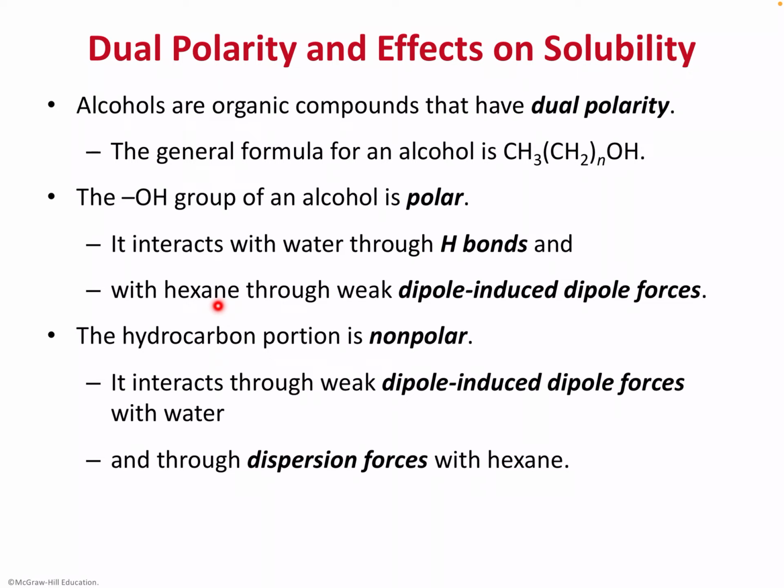It only has carbon and hydrogens. Alcohol and hexane also mix through weak dipole and induced dipole forces, because alcohol can also have a dipole in addition to the hydrogen bonding. Now that is the polar end. That happens through the polar end of the alcohol.